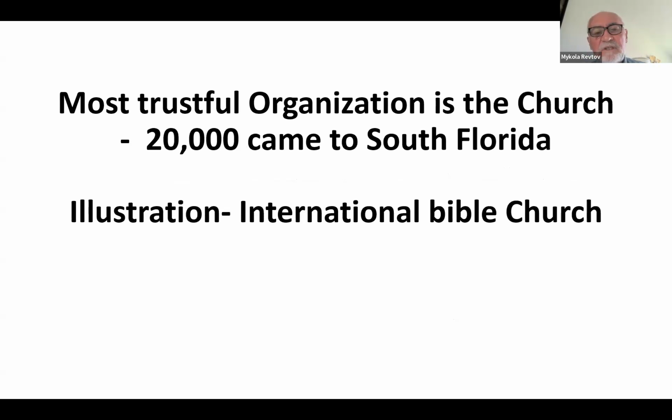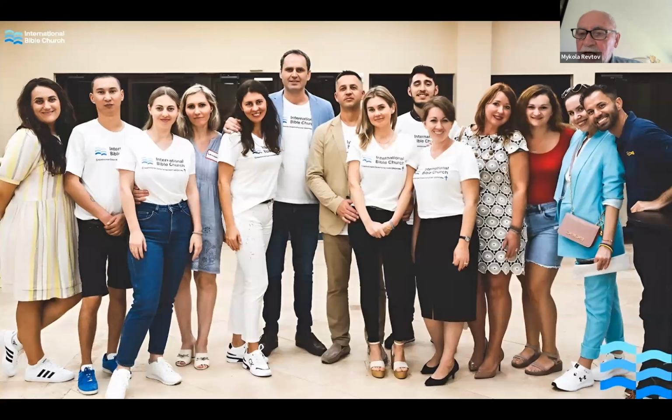About 20,000 came to South Florida during last year. And our churches are a good illustration of helping refugees. One of them is International Bible Church. You see a team of the church, and on the right side, a nice smiling man, and as I understand, it's probably Reuben, yeah.